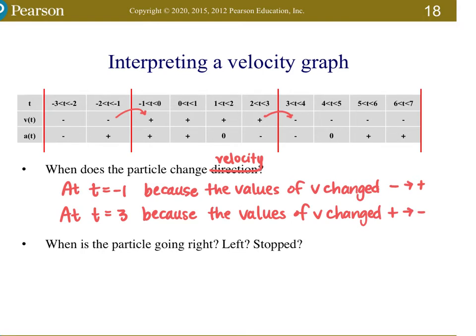And then when is the particle going to the right? So the particle is going to the right every time the velocity has positive values. So all of these values right here represent the entire time interval where the particle is going to the right. Positive velocity means going to the right.